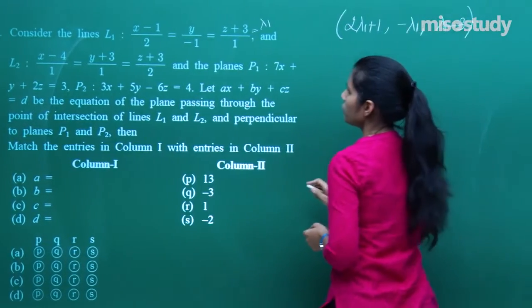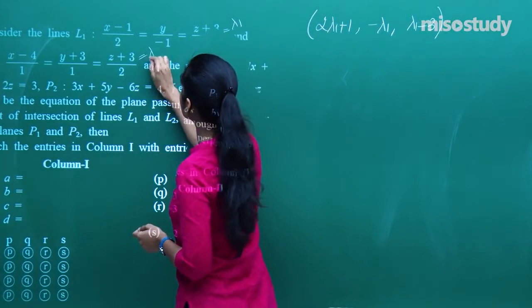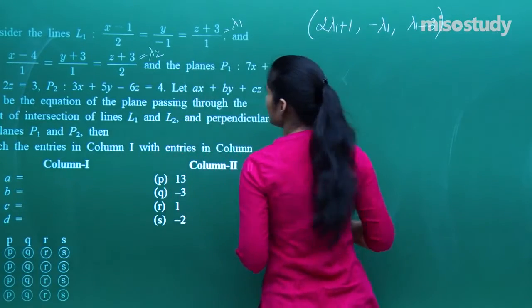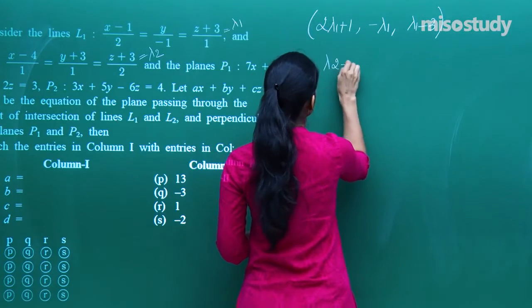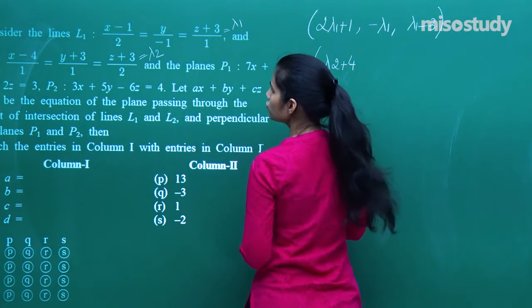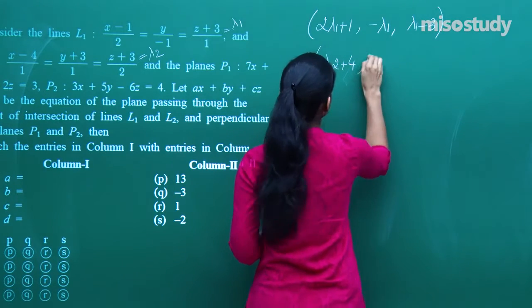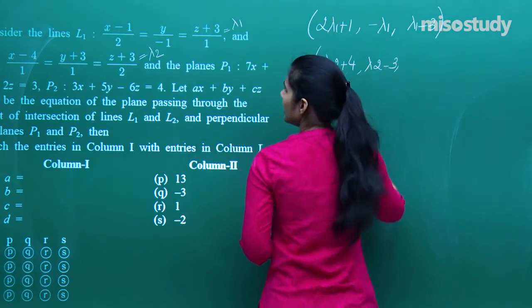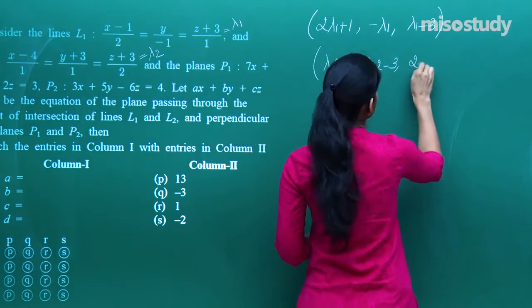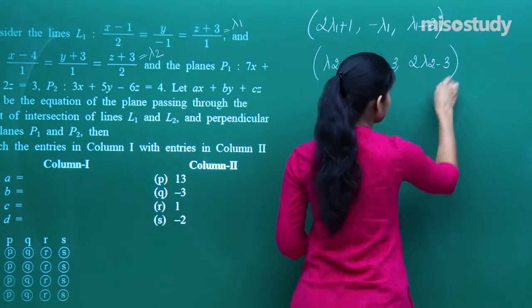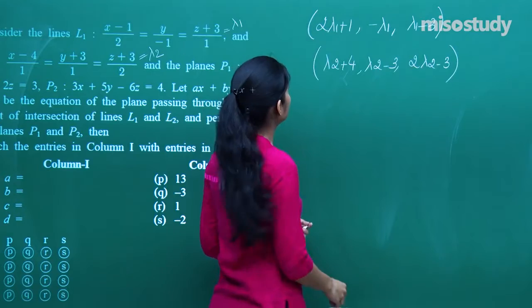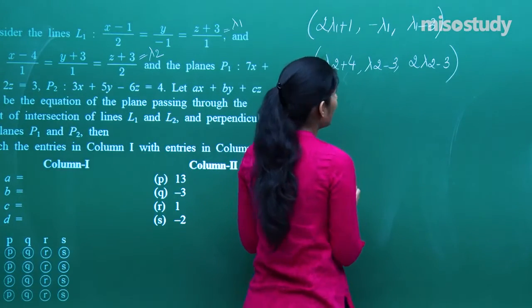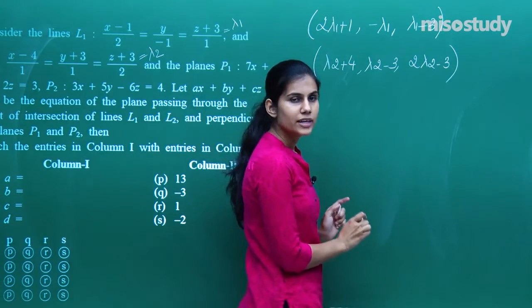And any arbitrary point on line 2 will look like what? Say this is equal to lambda 2. It will be lambda 2 plus 4, lambda 2 minus 3 and 2 lambda 2 minus 3. Fine. Now, this is how an arbitrary point on line 1 and line 2 look like.